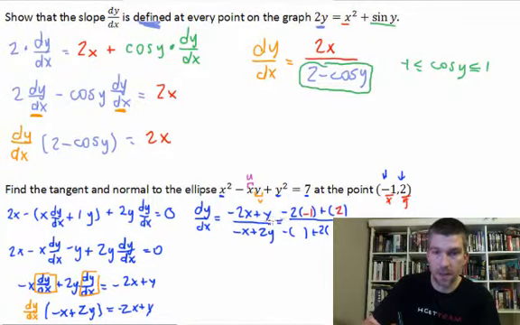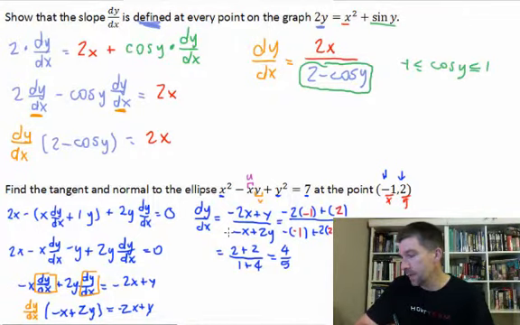So I'm going to just put in here a negative 1 and a 2. And so my slope is going to be 2 plus 2 over 1 plus 2, 4 over 5, which is going to be 4/5.